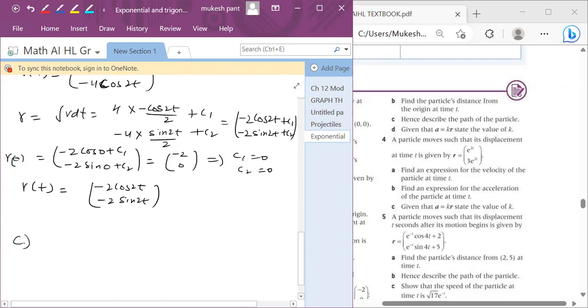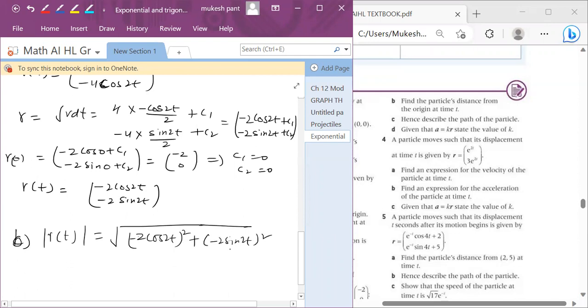So for part B, we're just looking for the magnitude of r(t). You can find out this is minus 2 cos 2t whole square plus minus 2 sine 2t whole square.